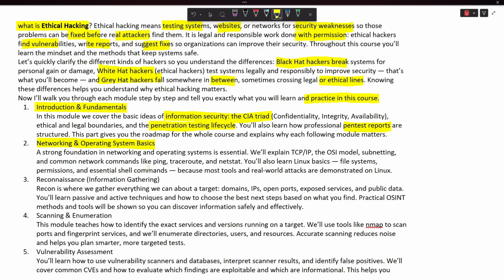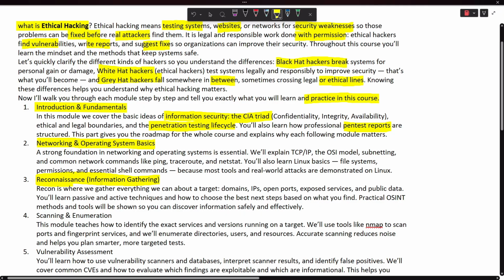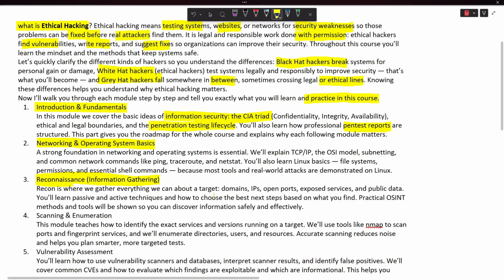Okay, so then we will be learning about reconnaissance or information gathering. Reconnaissance is where we gather everything we can about the target. So basically, in recon, we gather as much information as we can about our target, for example, domain, subdomain, IP address, open ports, exposed services, outdated services, and public data.